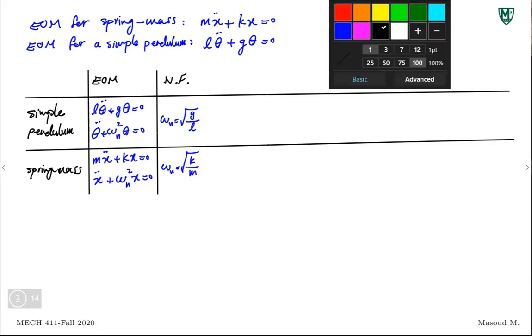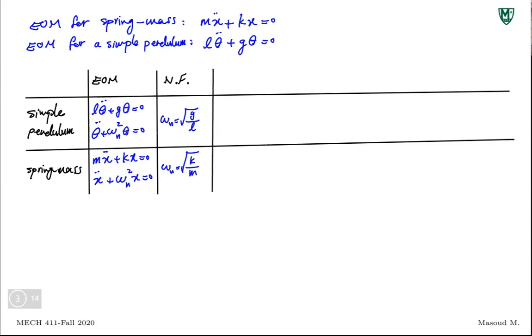Following the same procedure. Right? I'll move it a little bit this way. What else? Initial conditions. In simple pendulum, well, we had theta naught and theta naught dot, right? Initial displacement, initial velocity. Now, for a spring mass system, we have x naught and x naught dot.